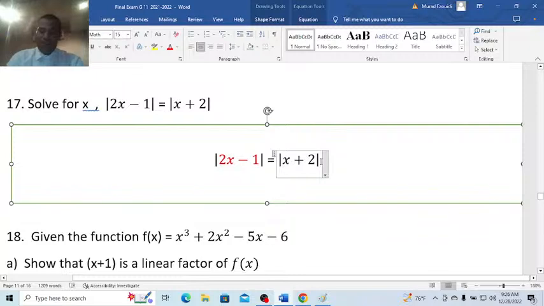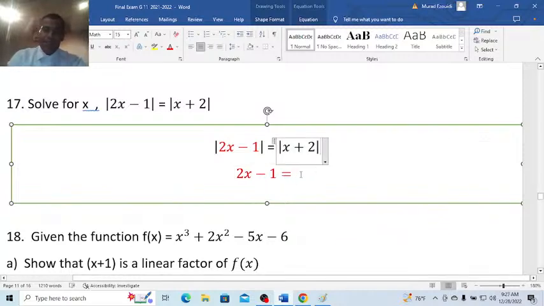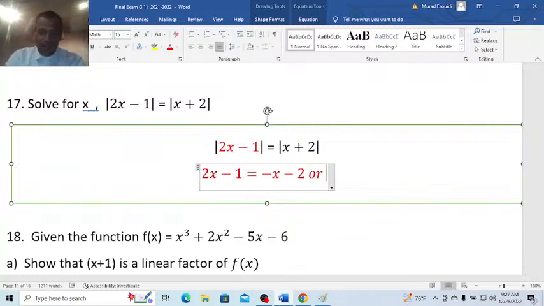Therefore I will write 2x plus 1 equals minus x, then minus 2, or 2x minus 1 equals x plus 2.